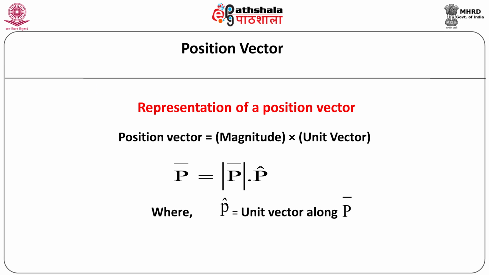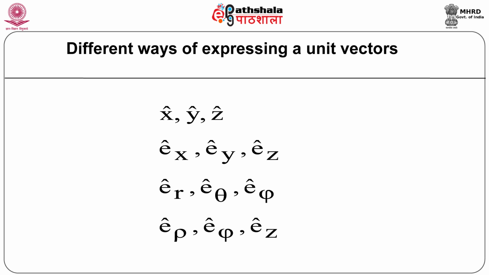In the earlier module, we have seen the definition of a unit vector. Position vector, say p bar, can be expressed in terms of its magnitude and the unit vector along it. It may be noted that in literature, different authors use different symbols to represent coordinates in different coordinate systems. Similarly, the unit vectors are also represented in a variety of ways.